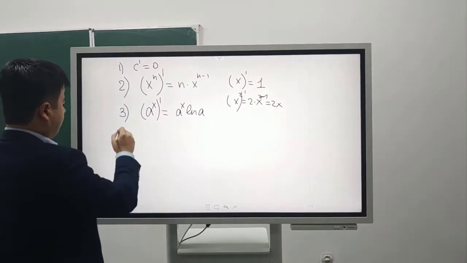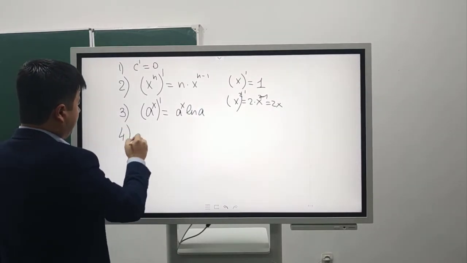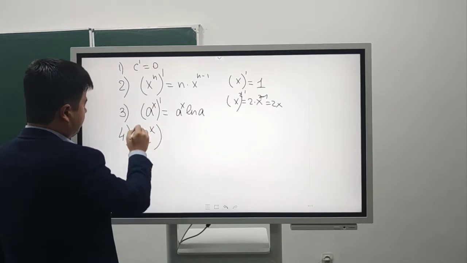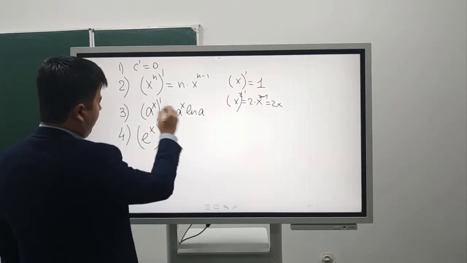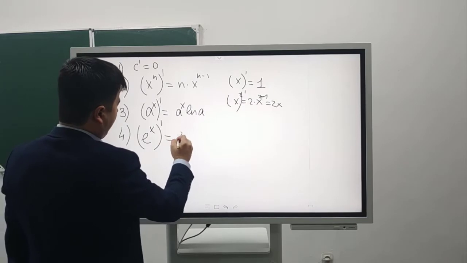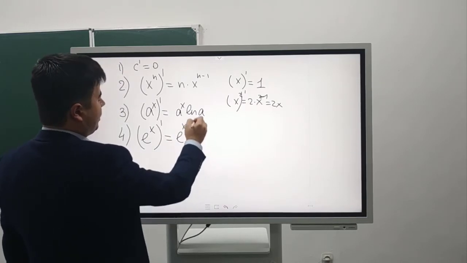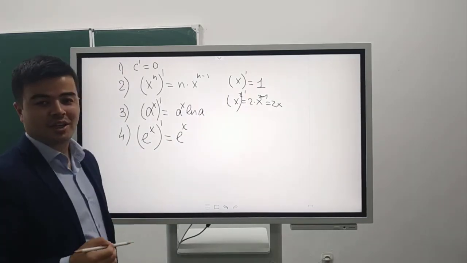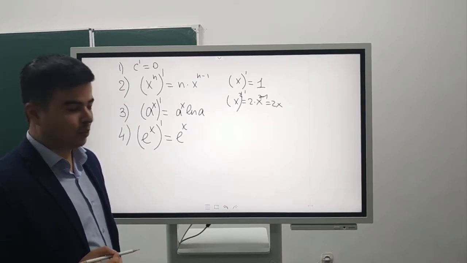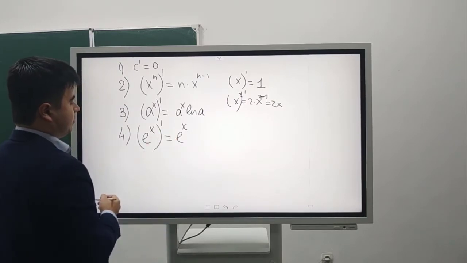Particularly, if the base is e, we get e to the power of x times natural logarithm of e. And this is 1. That's why it's just e to the power of x.